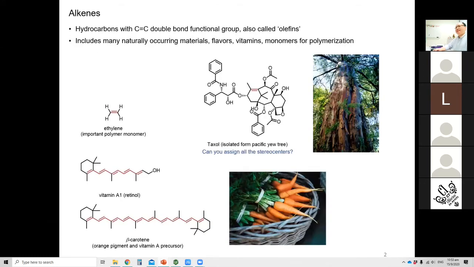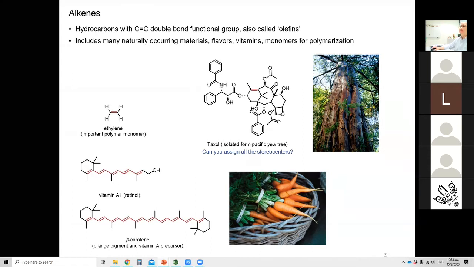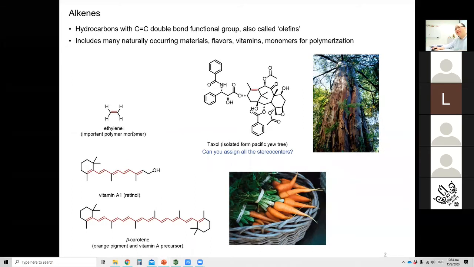So alkenes are hydrocarbons with a C=C double bond. Sometimes we also call alkenes olefins. In the natural world, alkenes are included in many naturally occurring materials, vitamins, and monomers for polymerization. You probably already know ethylene.